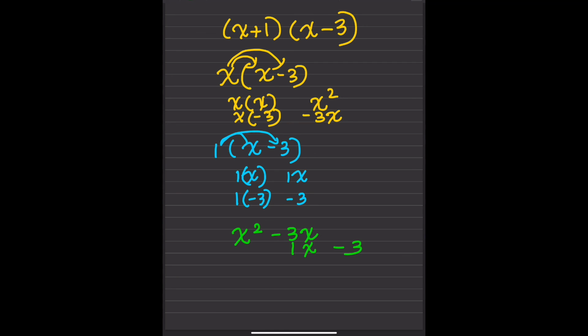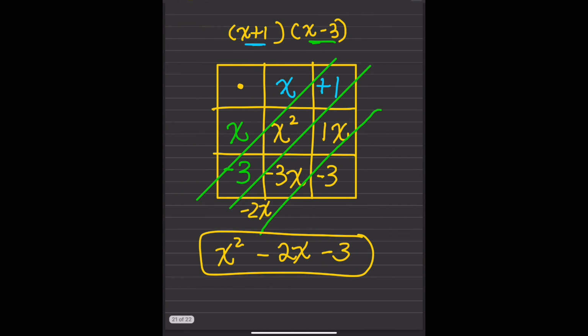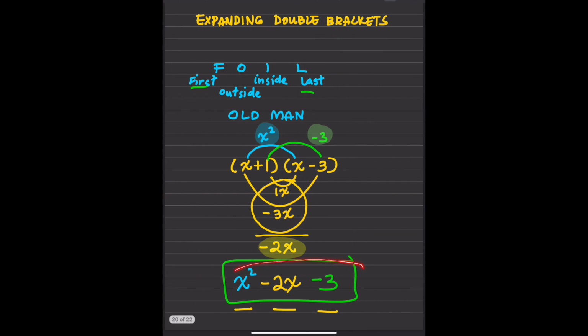So in the end, what is our answer? We just bring this down because that's the only variable with a square. And then negative 3 plus 1 is negative 2x, minus 3. So x squared minus 2x minus 3 over here, and x squared minus 2x minus 3. So 3 different ways of expanding double brackets.